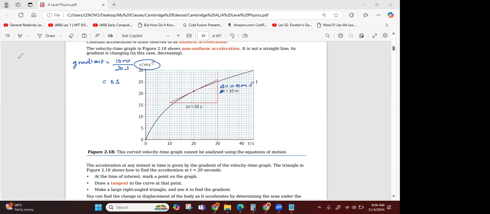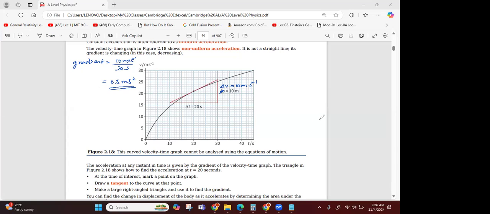So there is a mistake in the textbook, because it is a velocity time graph. The change in velocity is 10 meters per second, so 10 meters per second divided by 20 seconds. Now it will be acceleration 0.5 meter per second squared. Is that clear? Okay.